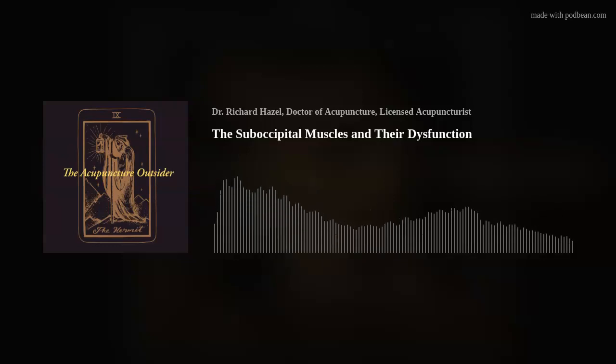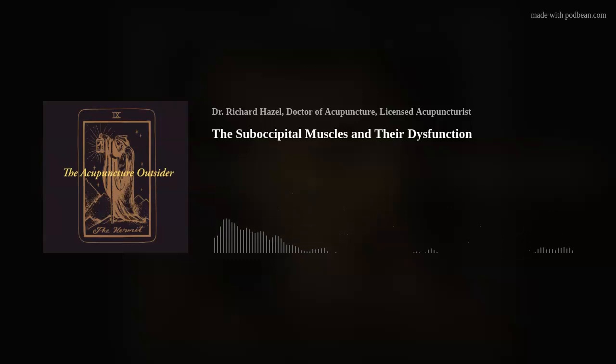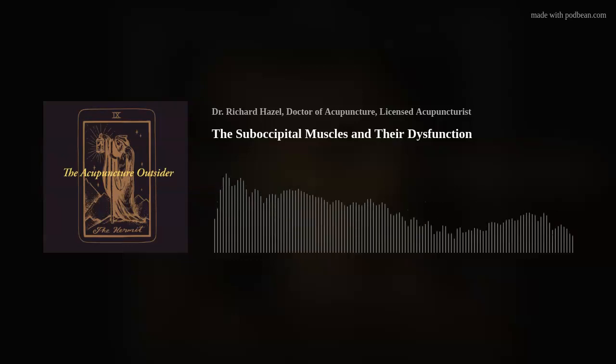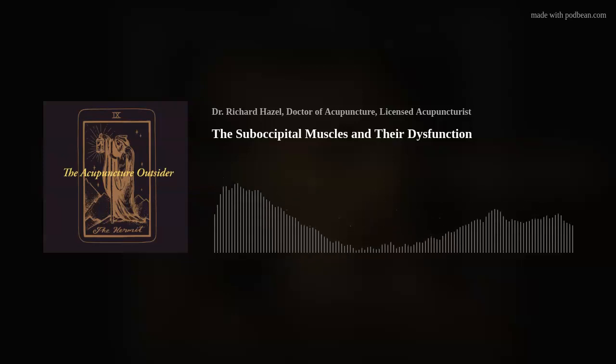So if you're working with migraine patients and you find that their muscles are triggering migraines, and you're working on these semispinalis capitis muscles, trapezius, suboccipital muscles, the SCM, and you're getting good results, then, for long-term results, start considering having your patient work on their posture.